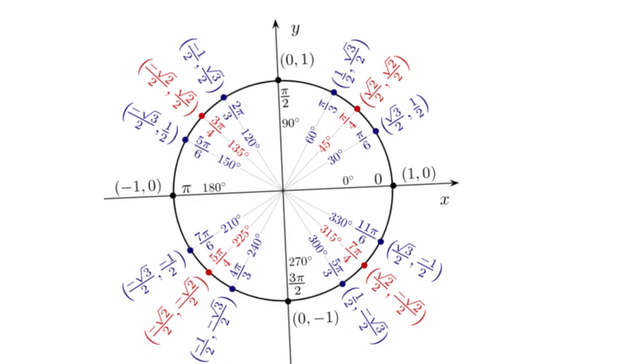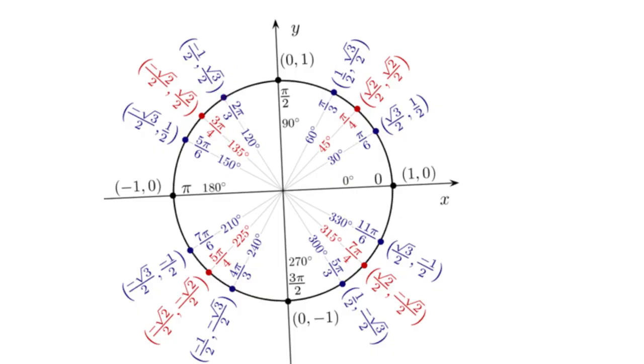Pi over 6 is right here. The y-coordinate is 1/2. Pi over 4's are right in the middle, so 1 pi over 4, 2 pi over 4, there's 3 pi over 4. It's negative root 2 over 2, root 2 over 2. So the x-coordinate is negative root 2 over 2. Pi over 3, 1 pi over 3, 2 pi over 3. So y over x, root 3 over 2 over negative 1/2. 2 pi over 3.